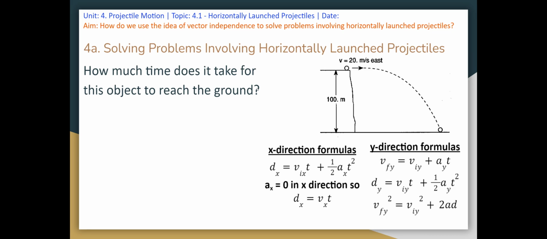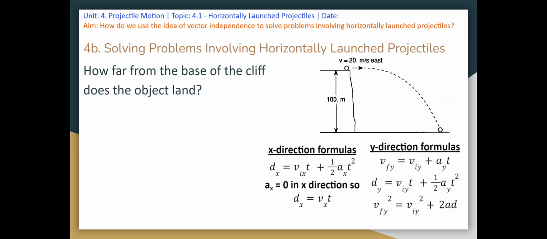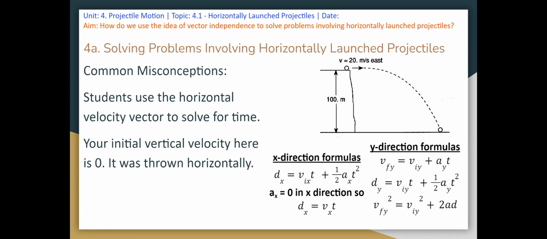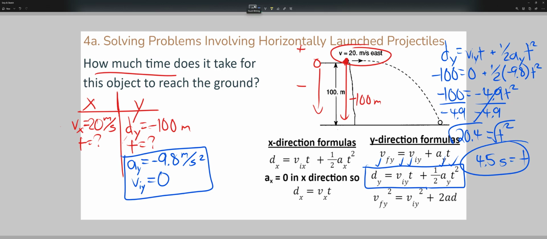So let's move on to the next question. Something students make a mistake on a lot is that when they're plugging things into this equation, instead of putting 0 for my initial velocity in the y direction, they see that my velocity in the x direction is 20 meters per second, and they put that in.